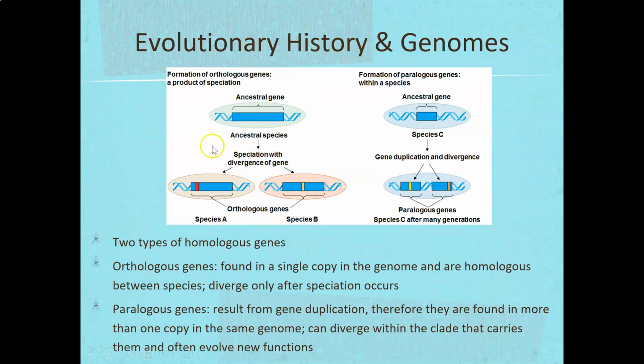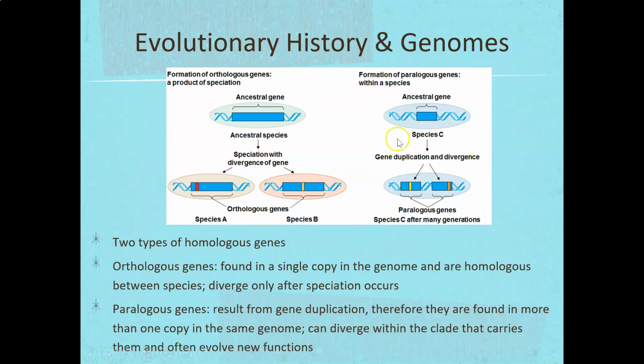So here's my ancestral gene. I had some sort of gene mutation that occurred within that particular sequence. And now these genes are considered orthologous to each other in these two separate species that have now diverged after a speciation event occurred.